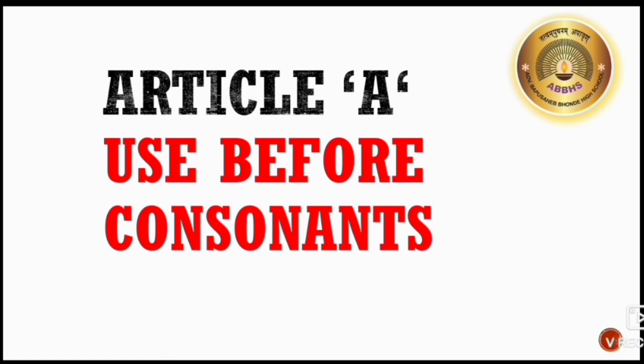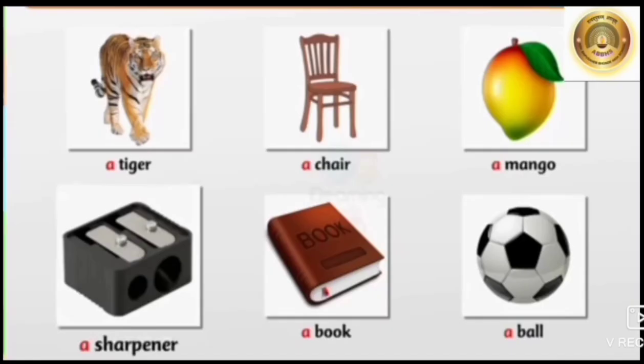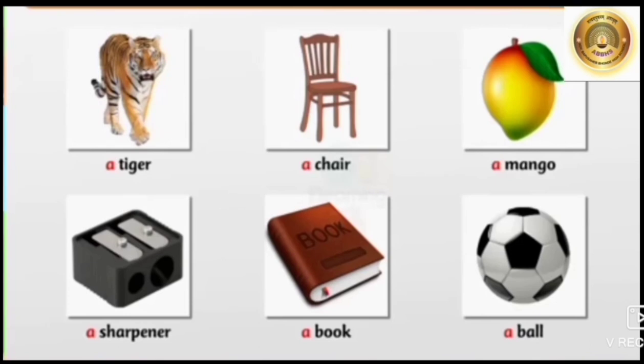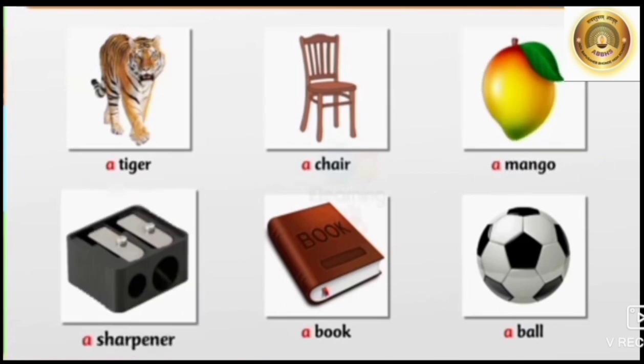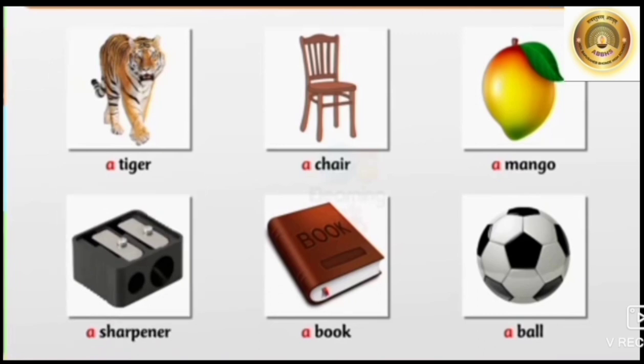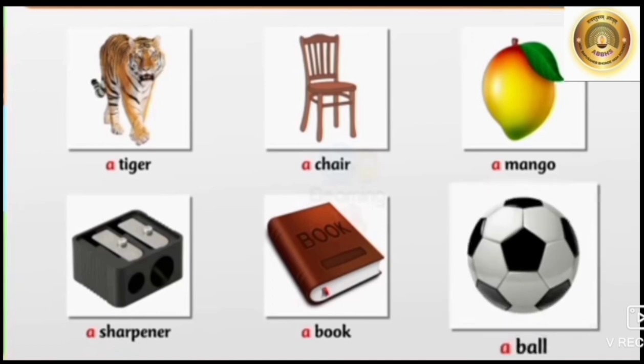Children, we will see some examples. First, a tiger, a chair, a mango, a sharpener, a book, a ball.